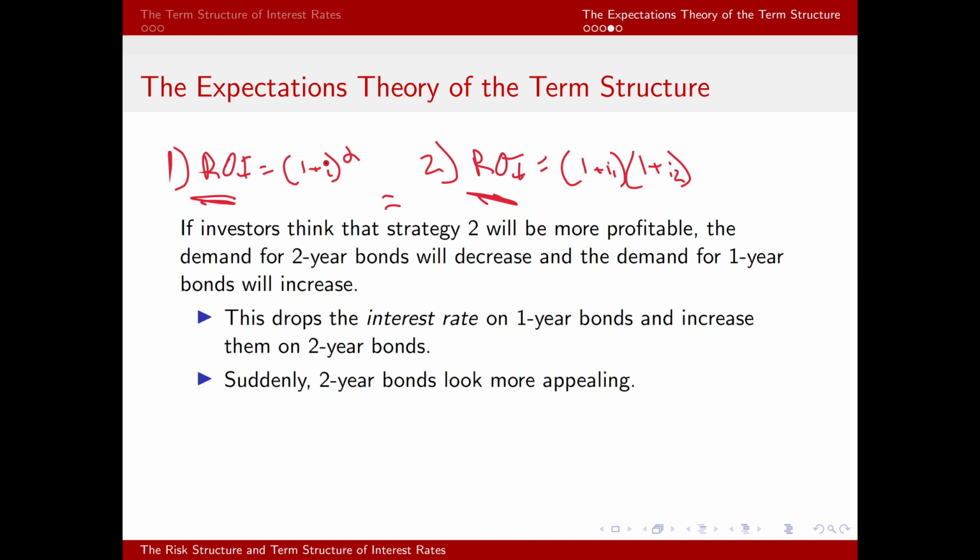And so this uses some basic economic mechanisms along with these two assumptions to get the idea that this ROI has to equal that ROI. And so by extension, the interest rate on the 2-year bond is just going to be equal to the average of the interest rates of these sub-segmented ROIs.